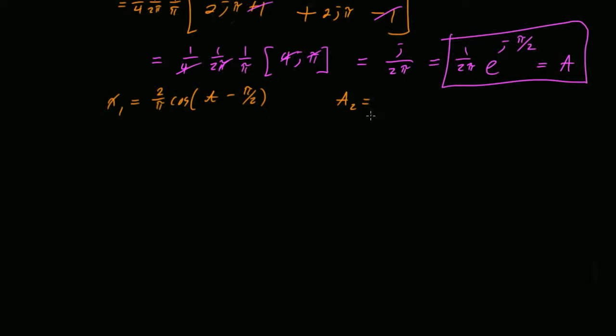Oh, sorry, I had 1 over 2 pi. I'm just trying to rewrite that number over there. Sorry, there we go. That's what I just solved. So what's my cosine going to be? It's going to be 1 over pi, cosine of the frequency I just tested, which is 2t, plus pi over 2. Before it was minus pi over 2, now it's plus.